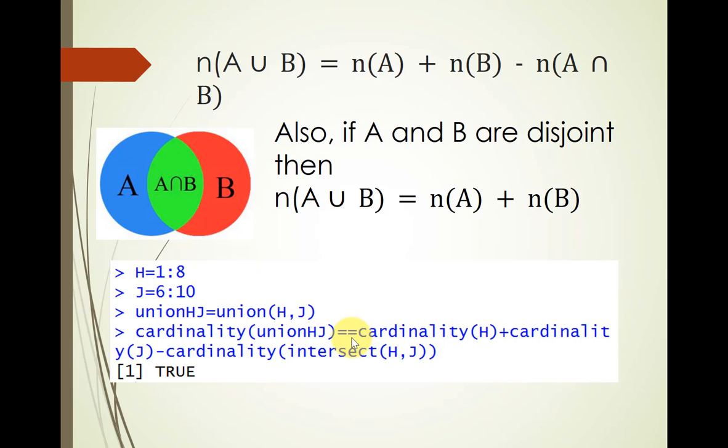Remember, just one equal sign doesn't mean equals, it means assign. So it's supposed to equal the cardinality of H, plus the cardinality of J, minus the cardinality of the intersection of H and J. We already defined the intersection in the previous slide, so this is all defined. So this side should equal this side, and when we run that, checking whether it's equal or not, we get true.